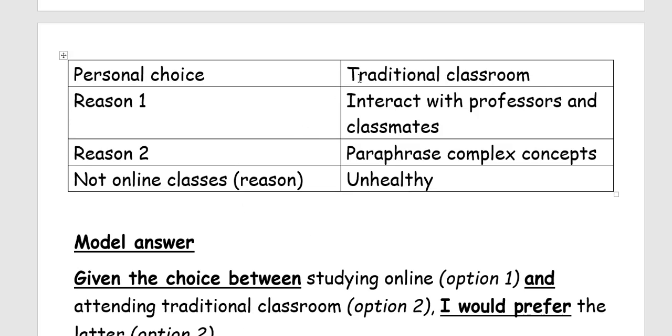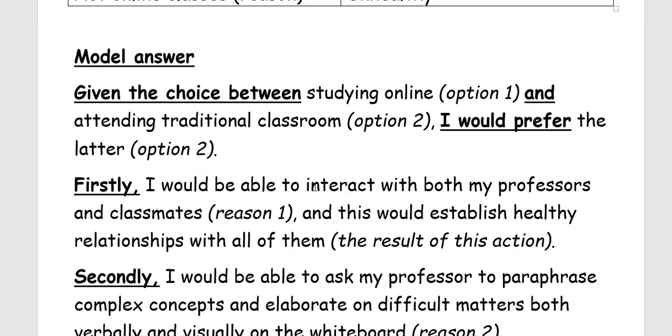Then, okay, so traditional classroom, then reason 1. Okay, so I need to talk about this, and then I should say I would be able to. Remember, you don't want to say I will be able. Okay, only I would be able to. So use the second conditional because this situation doesn't exist. You're only trying to imagine this situation. Okay, so this situation is unreal.